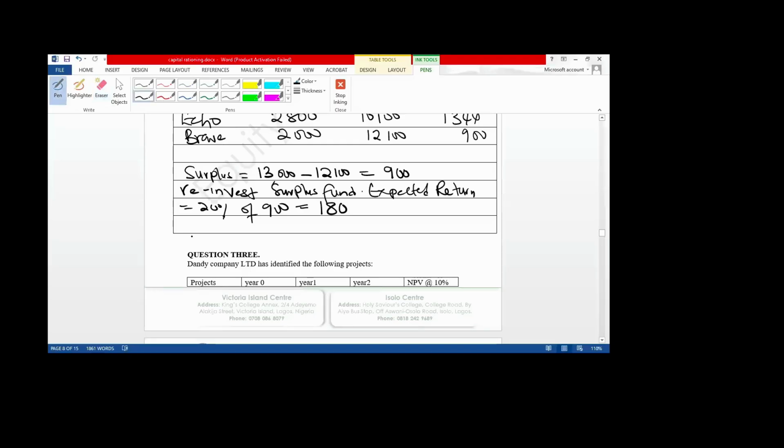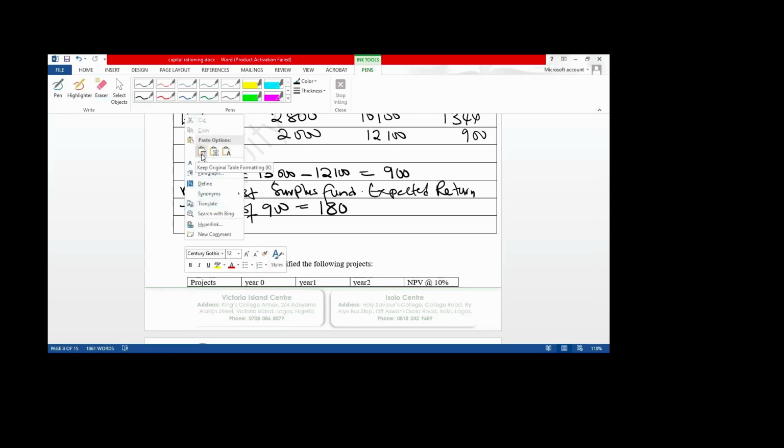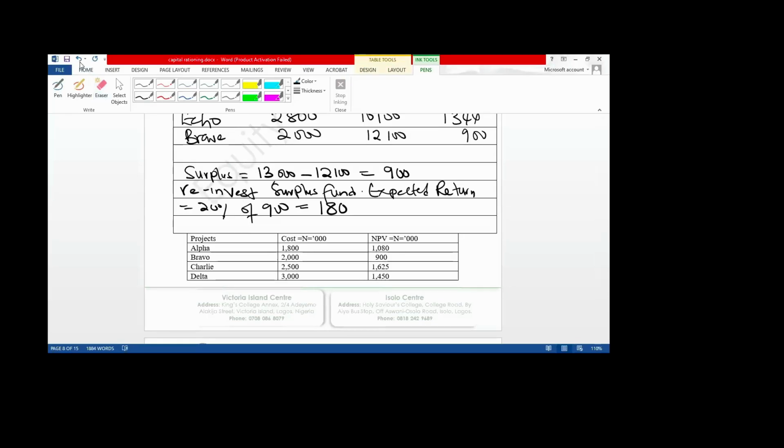Look at the NPV of the investments. Why?